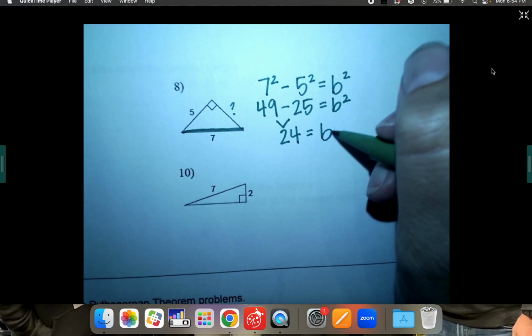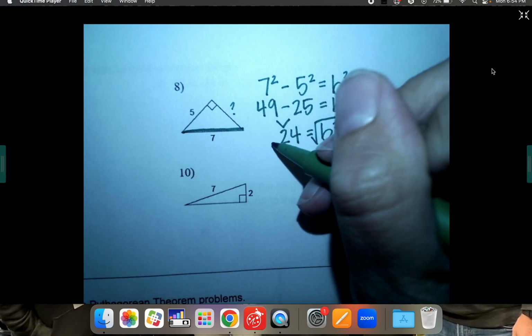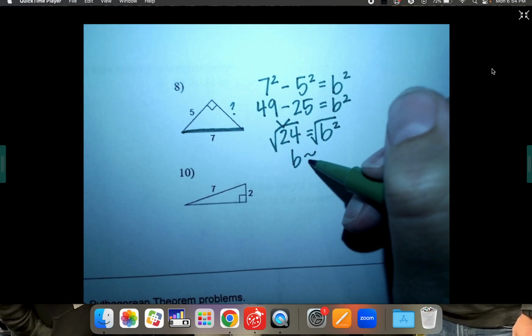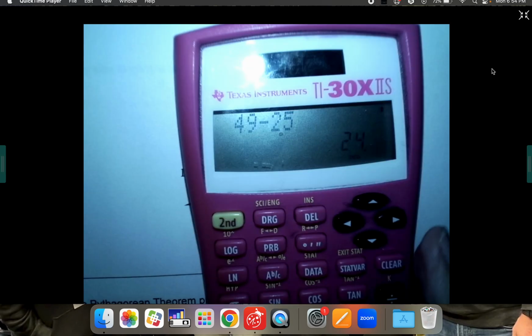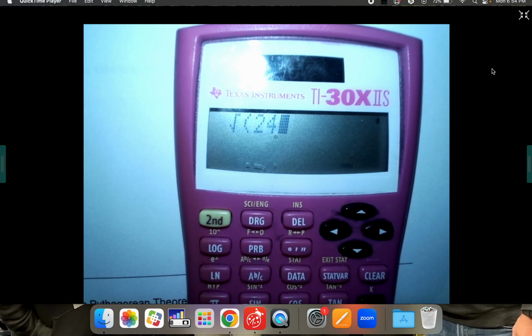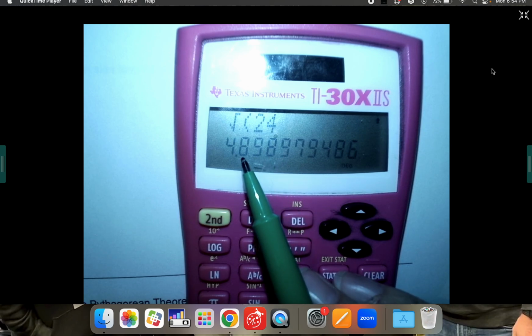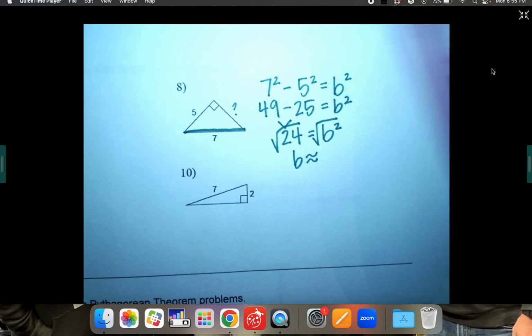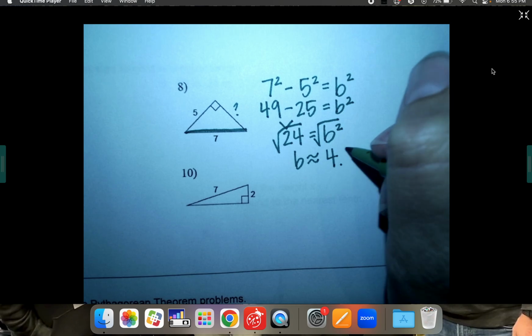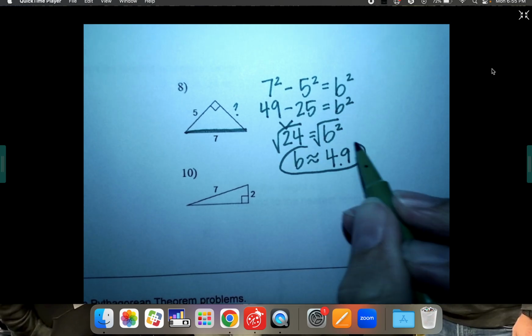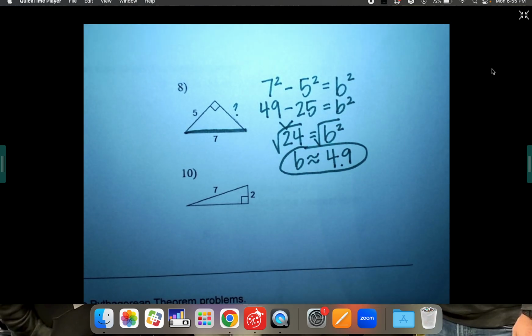But that is not our leg length. That's what b squared is. So we're going to square root both sides to get the approximate answer of the square root of 24, which is about 4.9. The 8 is going to get bumped up to a 9. So 4.9. Always check for reasonableness to see if it's reasonable for that answer to be 4.9.